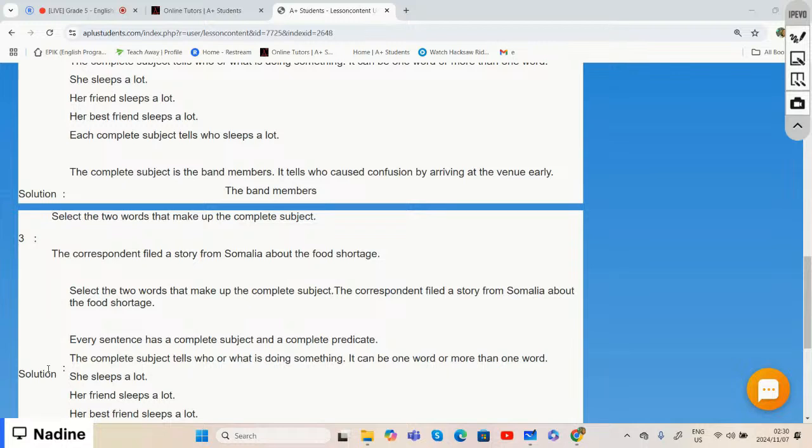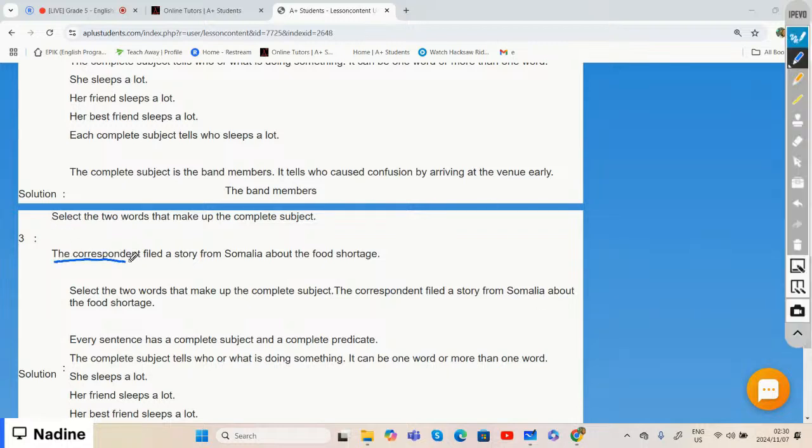And if we were to select our completed subject, we would say the correspondent. That is our subject within that sentence. Who or what? The correspondent. What did the correspondent do? Filed a story from Somalia about the food shortage.